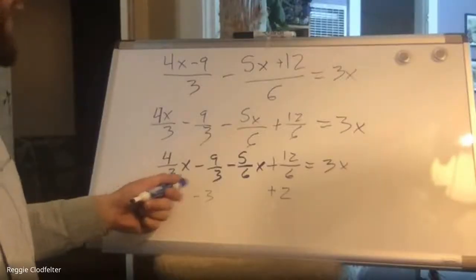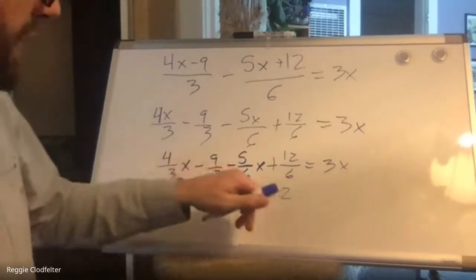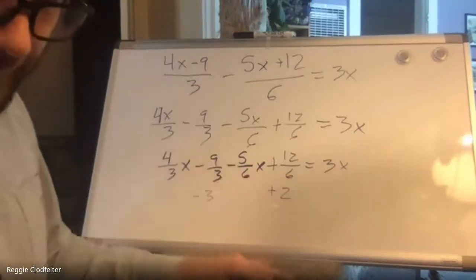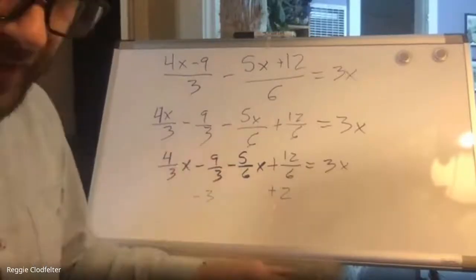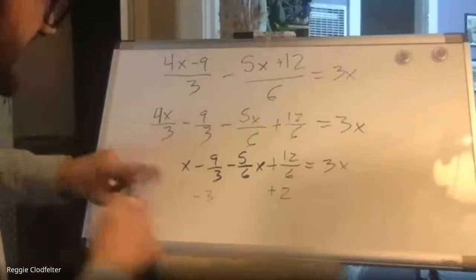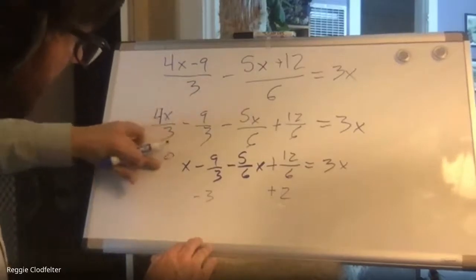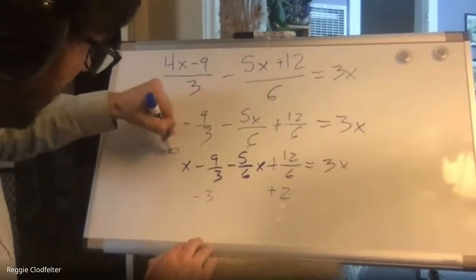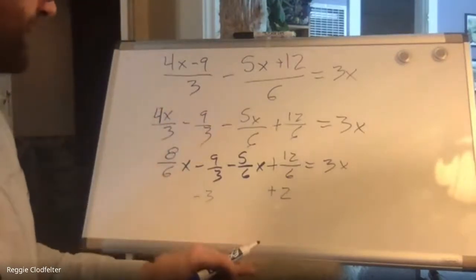Yes. Now it's hard to take 4/3 x and subtract 5/6 x because they don't have the same denominator, right? Yes. But I can easily give them the same denominator, right? Yes. I could just double 4/3. Keep it quiet, please. 8/6. So I took my 4 and multiplied it by 2 and my 3 and multiplied it by 2 because 8/6 is equivalent to 4/3, right?